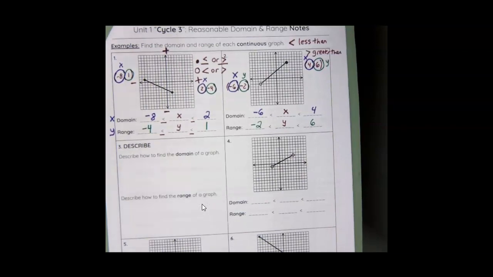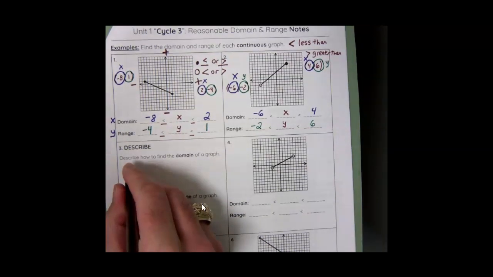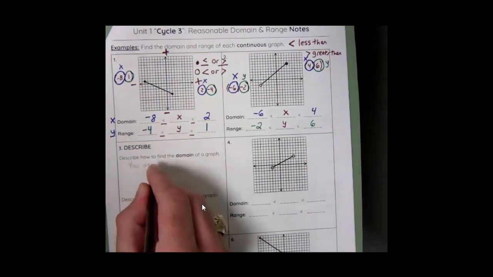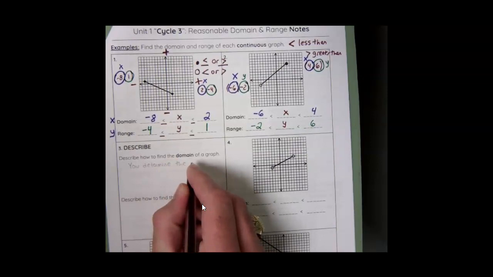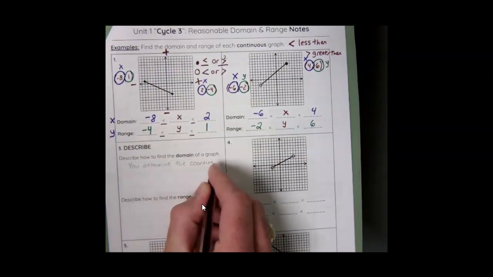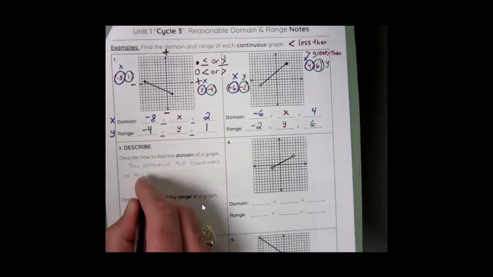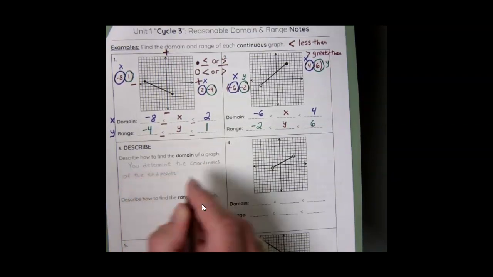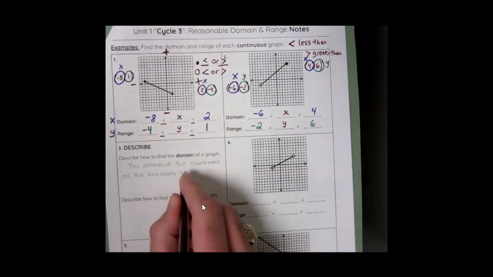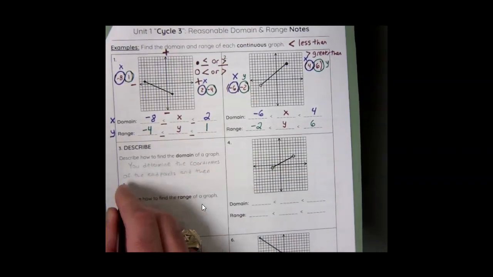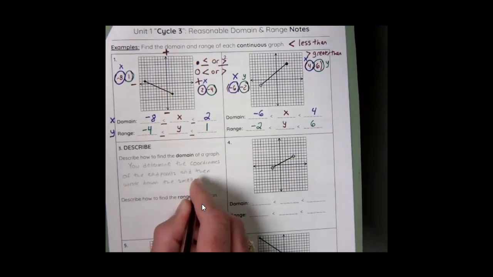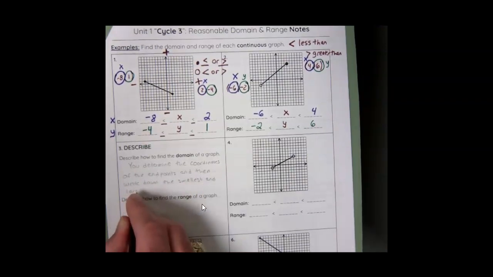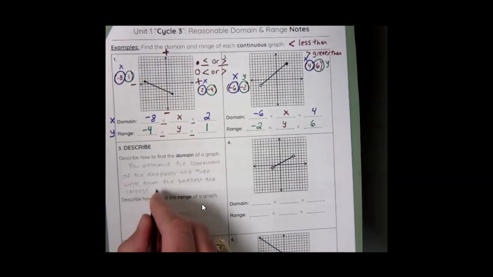One way you could write this would be that you determine the coordinates of the endpoints and then write down the smallest and largest x values.